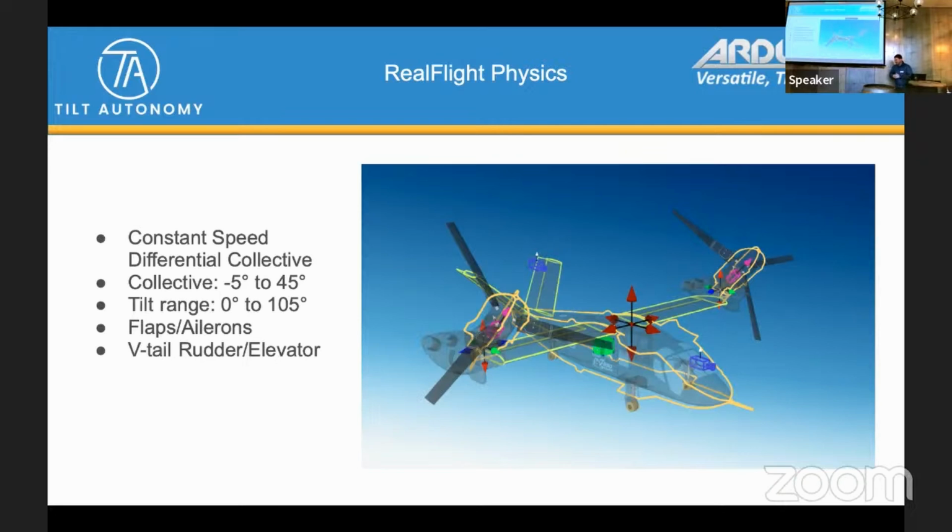Another great example of that is the V-22. If you look at the V-22 physics, it's basically a quadcopter underneath, and then they just tilt the quadcopter. They totally cheat. Another cheating example I've seen in RealFlight is the Prandtl wing. I won't go into the physics of that, but it's a tailless flying wing.